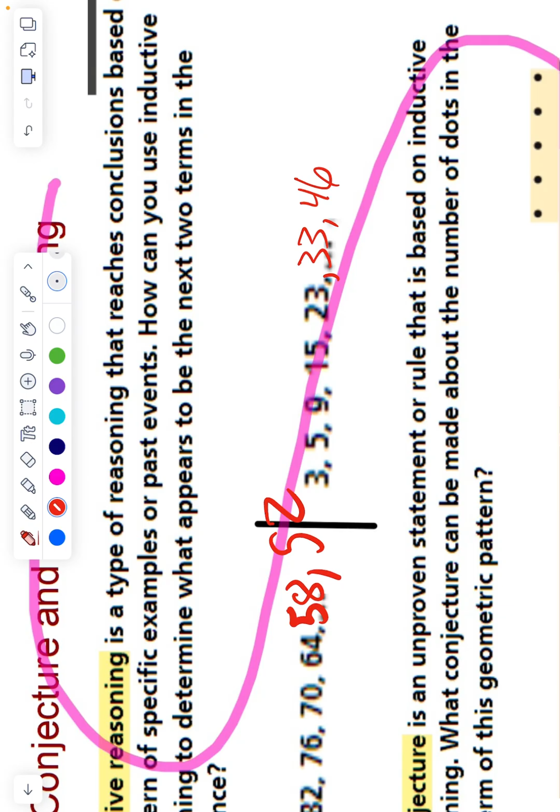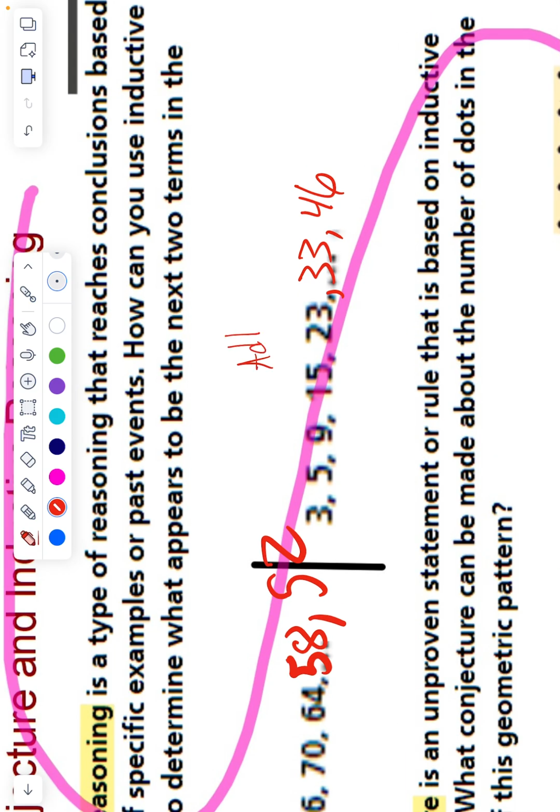Adding 2 every time? Yeah. Good. So it's adding successive even numbers, we could maybe say, right? And again, you saw that based on past events, which is the numbers that we saw sitting there. Cool. So you just used inductive reasoning to do that.